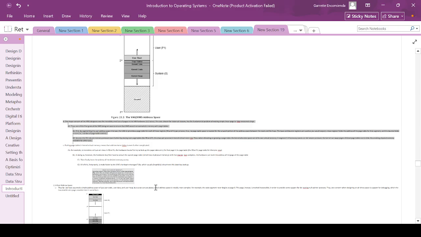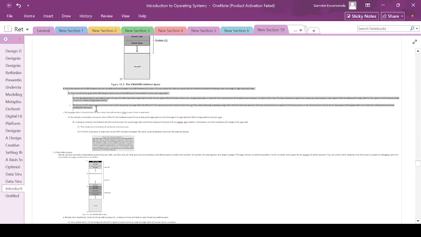Second solution, the OS reduces the memory pressure even further by placing user page tables for P0 and P1, thus two per process, in kernel virtual memory.